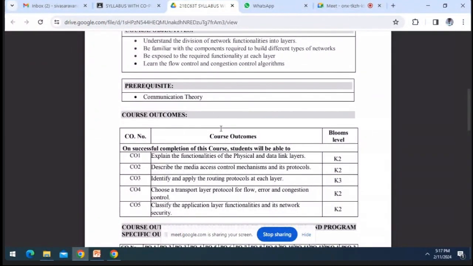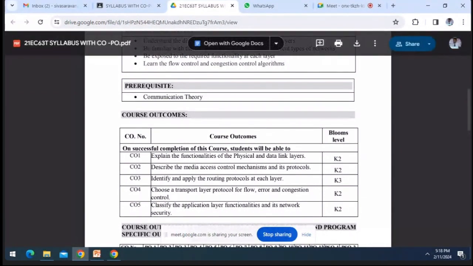Also, we can choose a transport layer protocol for flow and error congestion control. Finally, we can classify the application layer functionalities and its network security.